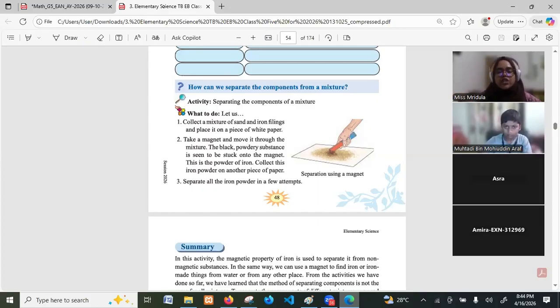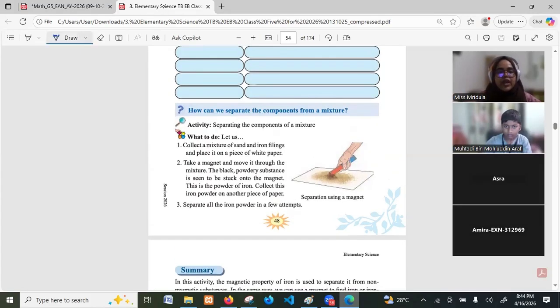But we talked about this sort of mixture where there were some magnetic elements and some non-magnetic elements. And if you want to separate those, then we can just use a magnet and hover over that mixture. All the magnetic things will get attracted to the magnet and all the non-magnetic things will remain on the paper, right? So in this way we can separate.